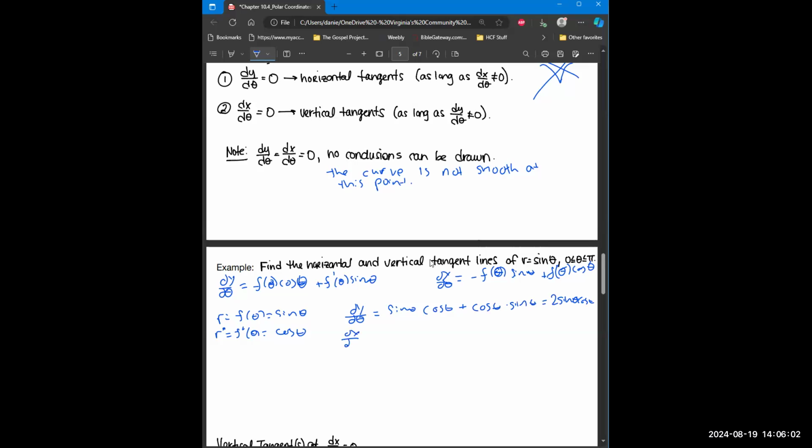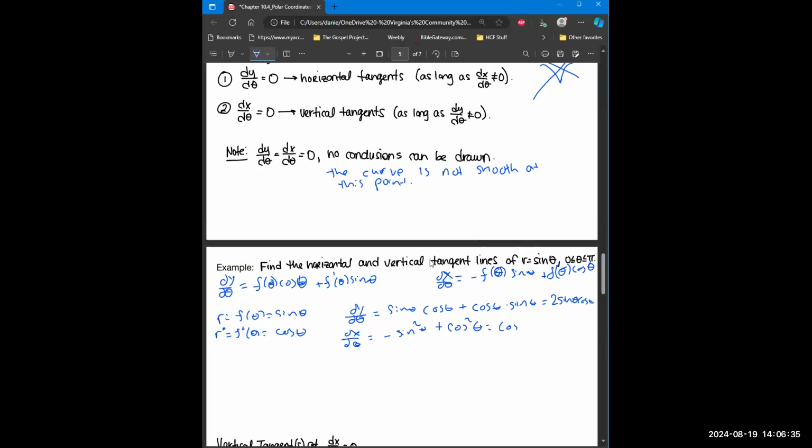Dx d theta is going to be equal to negative f of theta, which is sine theta, times sine theta, so that's negative sine squared theta, plus f prime, which is cosine, times cosine, which is cosine squared.